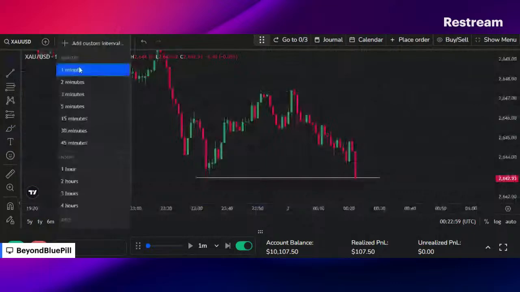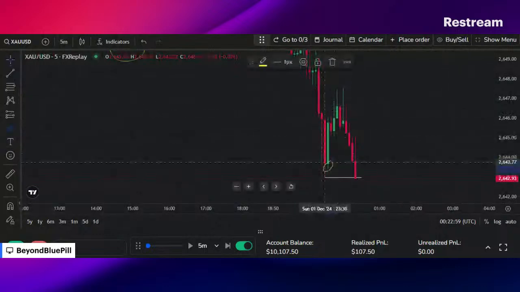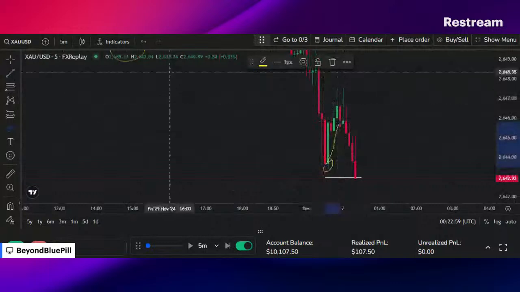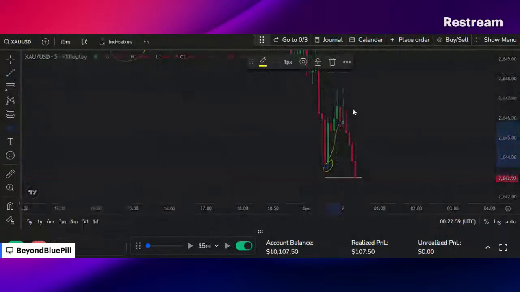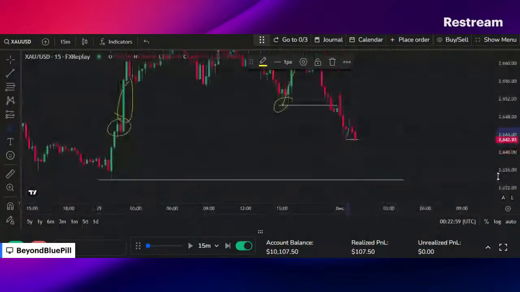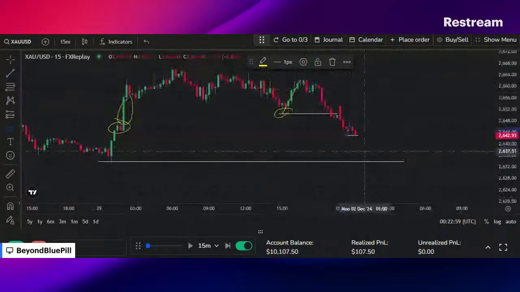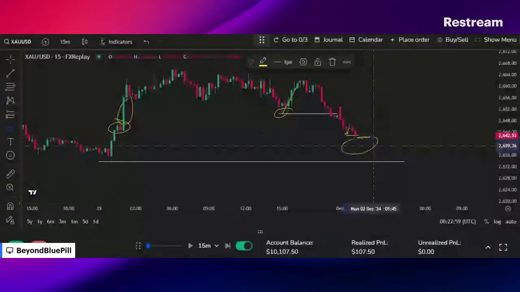Now, mind you, on the 15 minute we had this valid low. Oh, at five, let's see if we got the same thing. Okay, we did not. So still the same thing, expecting a range somewhere here.